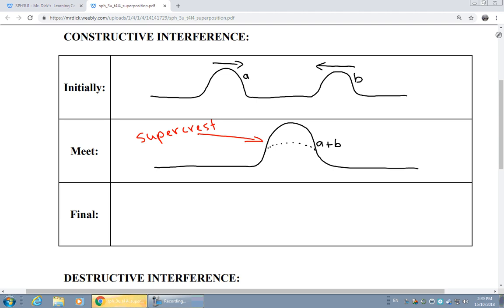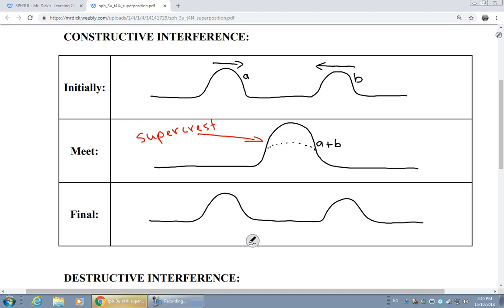But then it's important to remember that after that, those wave pulses don't bounce off one another. They're actually traveling right through one another. So in the final stage here, I'm going to draw what looks like a very similar situation to what we had initially, with pulse A and pulse B, but now they've switched.